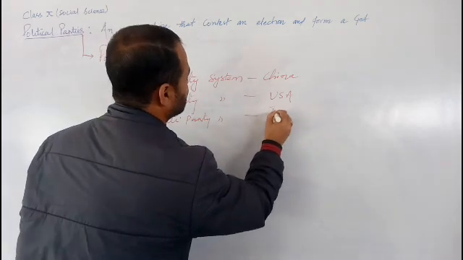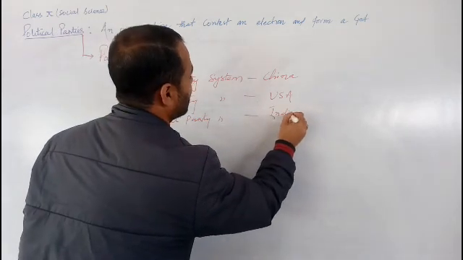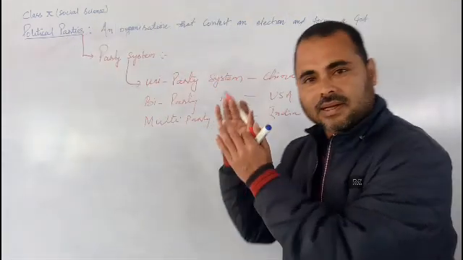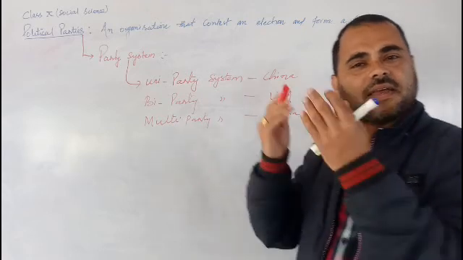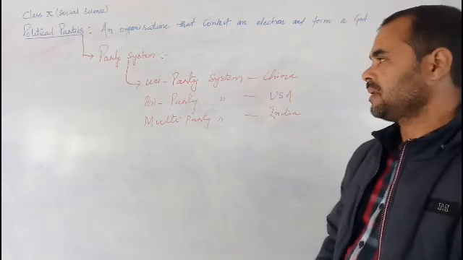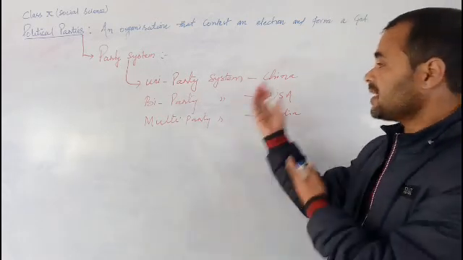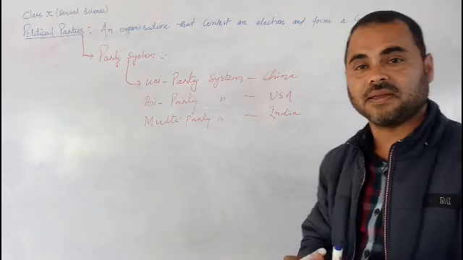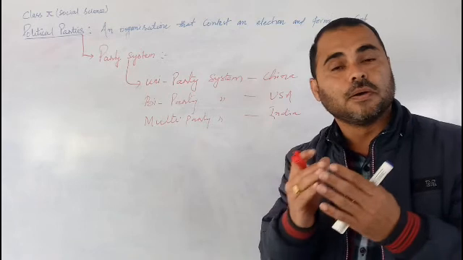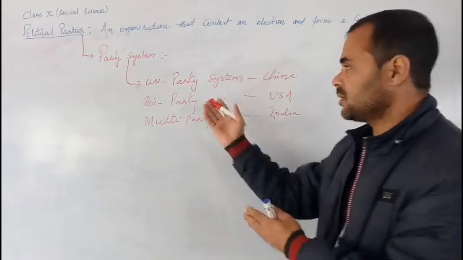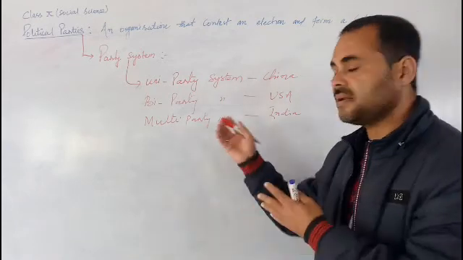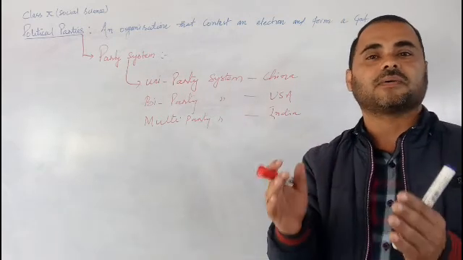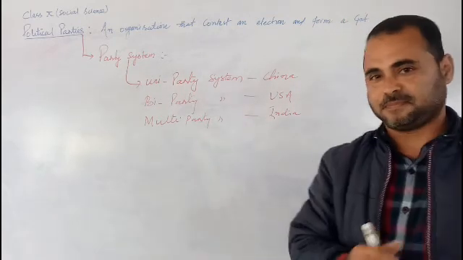We have so many political parties. So the country which has a single party is called a uni-party system, the country which has 2 political parties is called a bi-party system, and the country which has more than 2 parties is called a multi-party system.